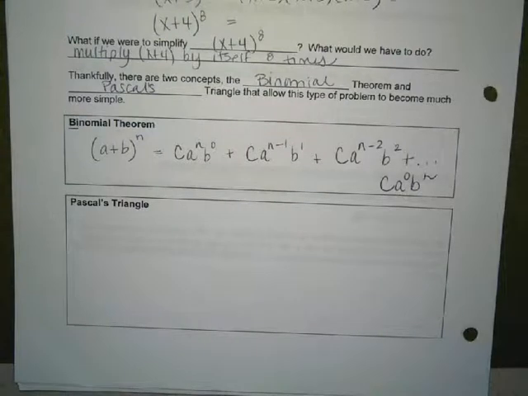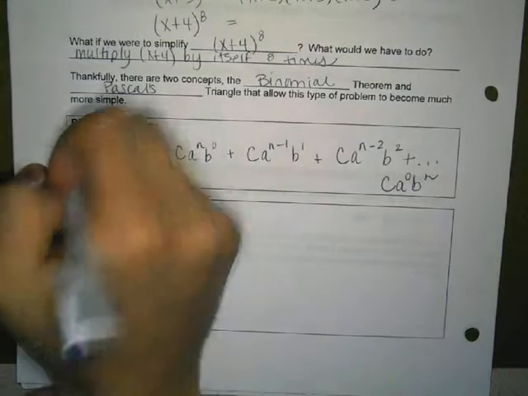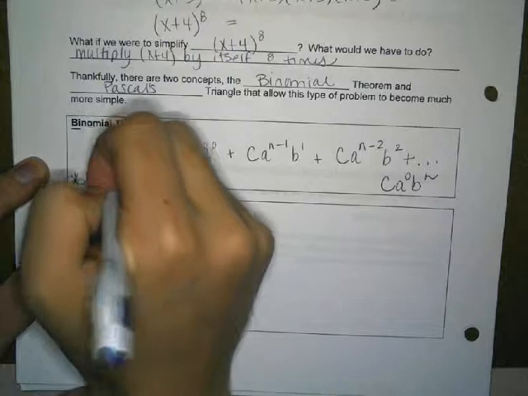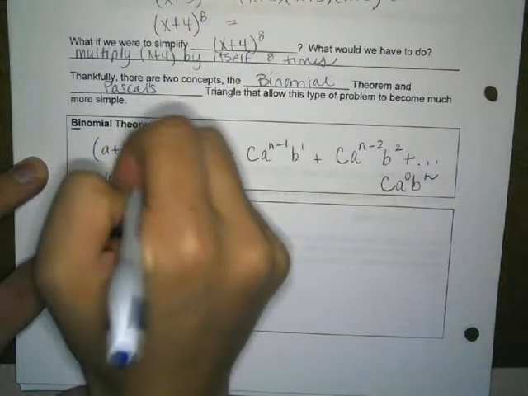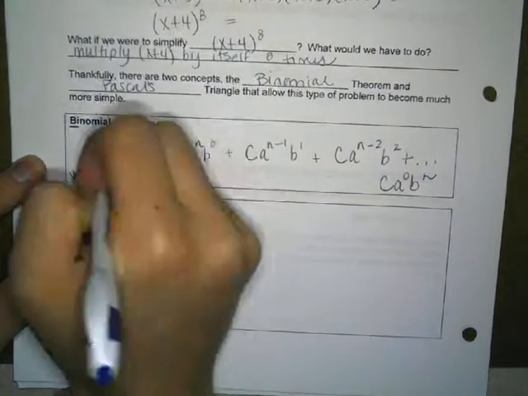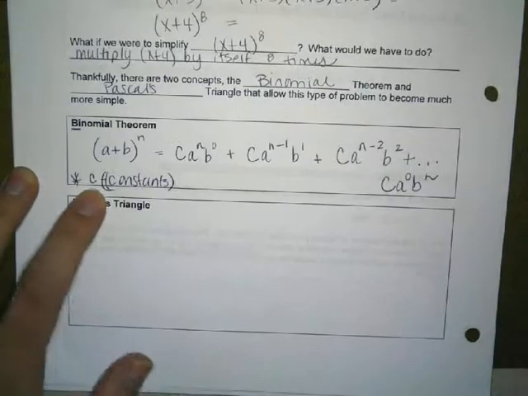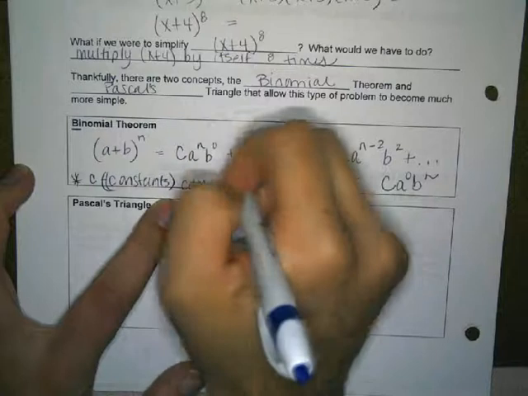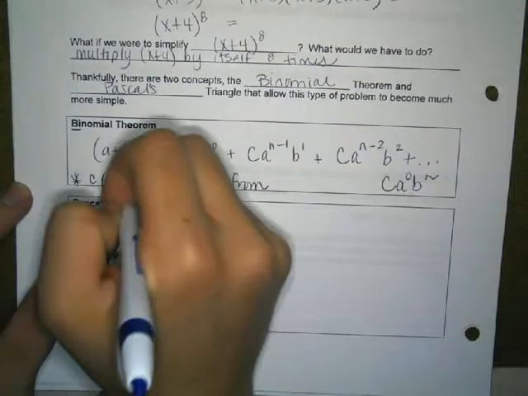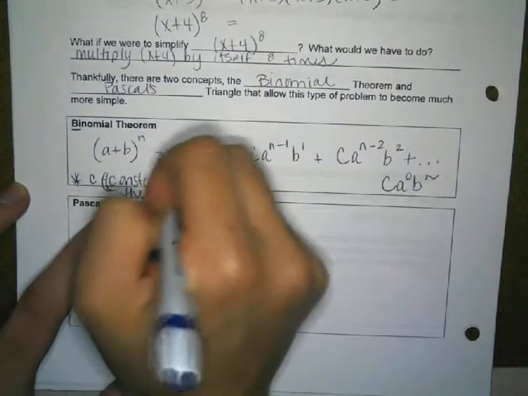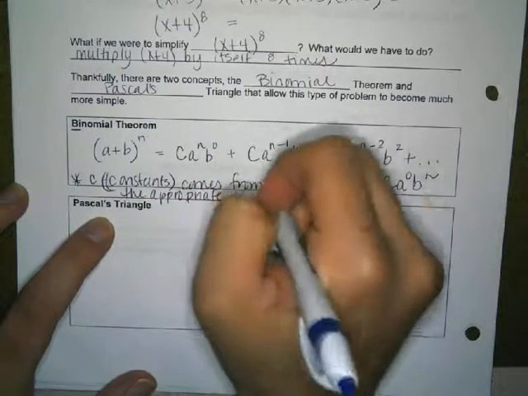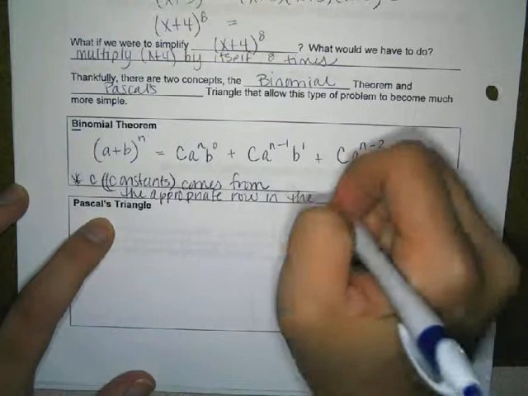Now, in the binomial theorem, the c's, which my c represents the constant. So c comes from the appropriate row in the triangle.